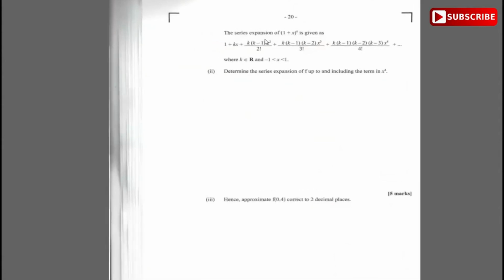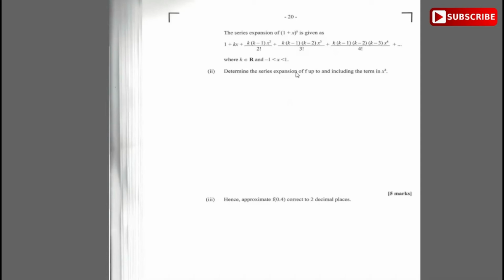So let's look at this. It says the series expansion of 1 plus x to the k is given as 1 plus kx plus k times k minus 1 x squared over 2 factorial, plus k times k minus 1 times k minus 2 x cubed over 3 factorial, plus k times k minus 1 times k minus 2 times k minus 3 x to the 4 over 4 factorial.